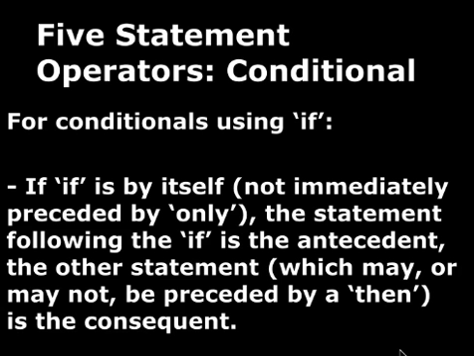The other statement, which may or may not be preceded by a then, will be the consequent. So that's pretty easy. You don't care which one showed up first and which one showed up second in the English sentence. You care about which one's following the if. That is telling you which one is the consequent.